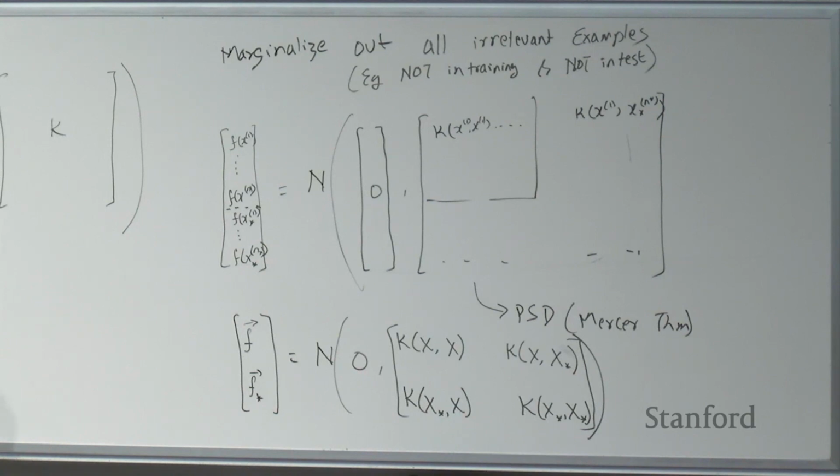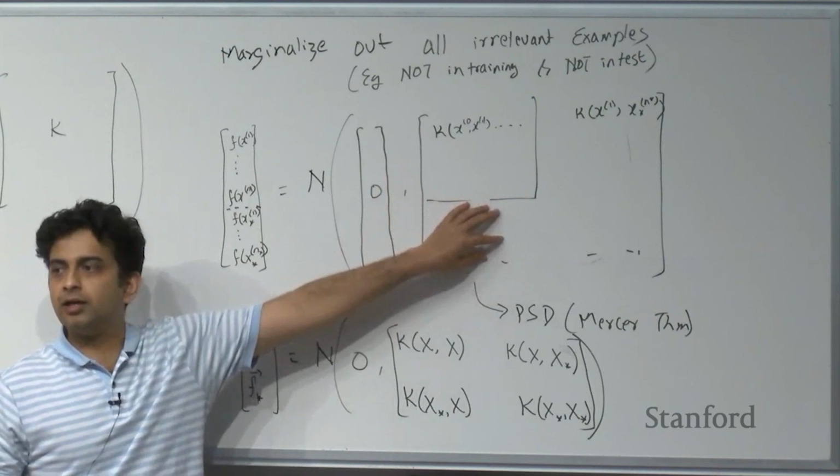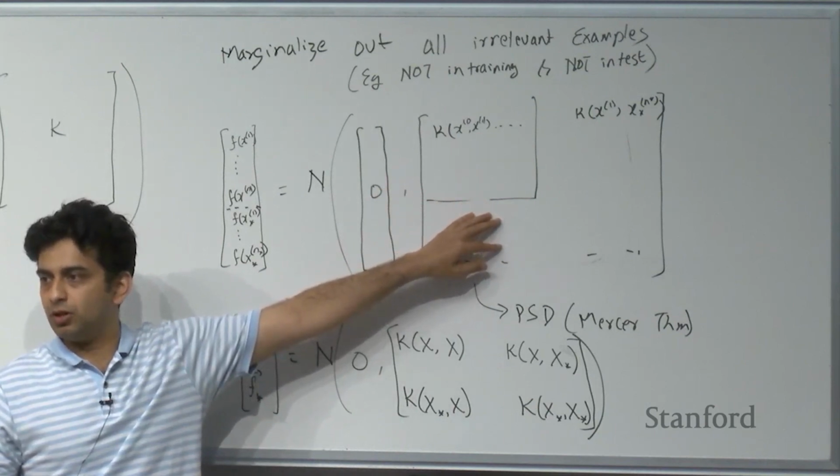Yes, question? When we think about functional spaces, will kernels always act as like the similarity matrix, or is it just for the Gaussian processes? So the question is, do kernels act as some kind of a similarity metric in general, or is it only in the case of Gaussian processes? The answer is kernels always act as some kind of a similarity metric, and you can use any kernel and come up with a covariance matrix for a Gaussian process.